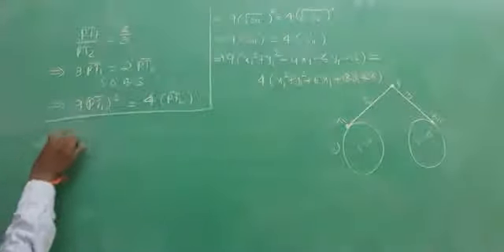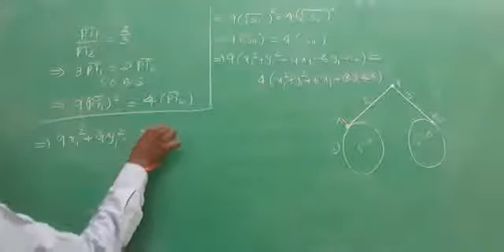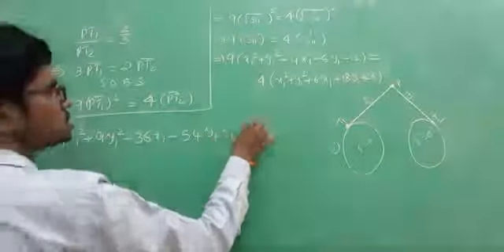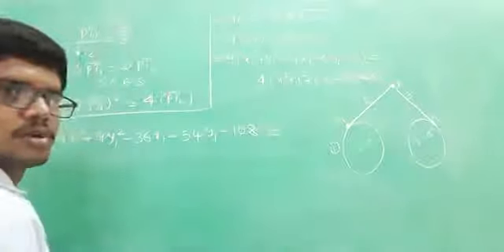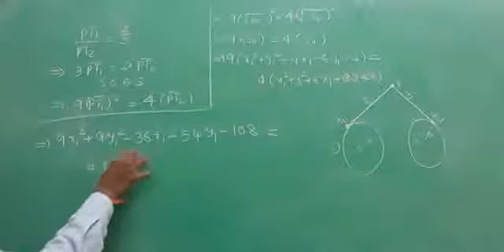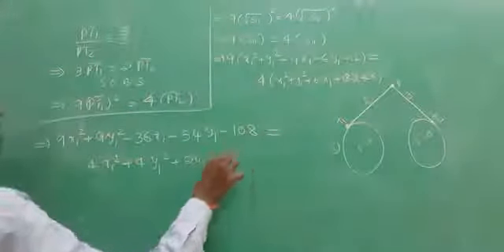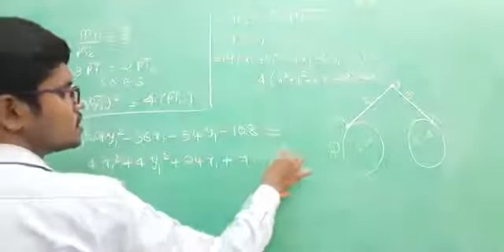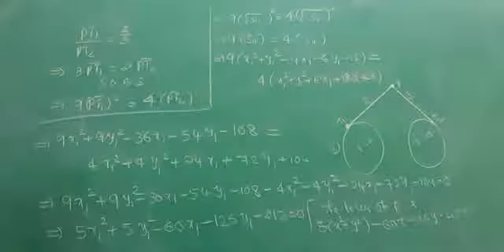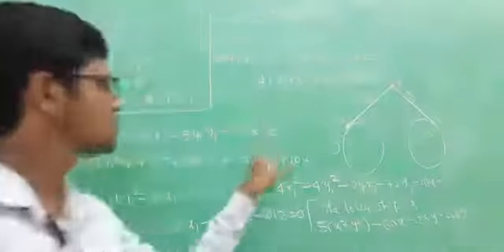So see how to solve. By simplifying, 9x1 square plus 9y1 square minus 36x1 minus 54y1 minus 108 is equal to 4x1 square plus 4y1 square plus 24x1 plus 72y1 plus 104, since 26 into 4 is 104.